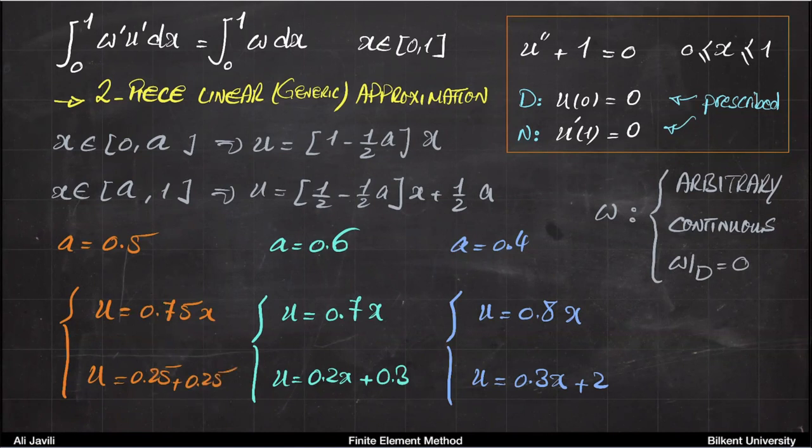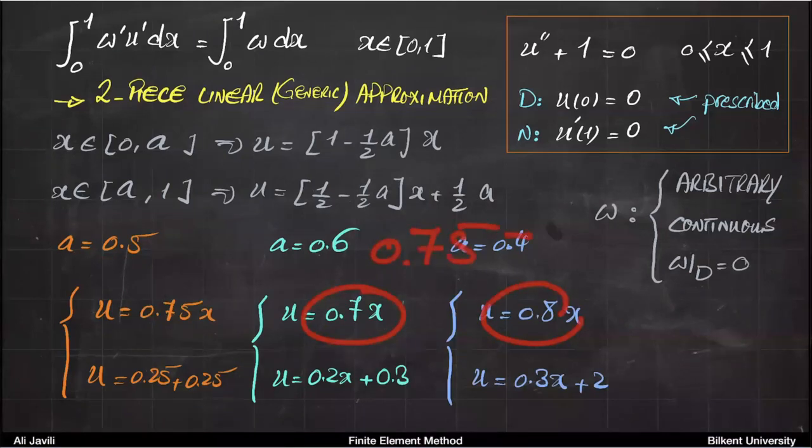If you just look at the numbers, maybe you can see something interesting, or you can try to digest the meaning of these approximations, or how the point will change the solution. So let's say at 0.5, you have 0.75, and now these two numbers are 0.75 plus minus 0.05.